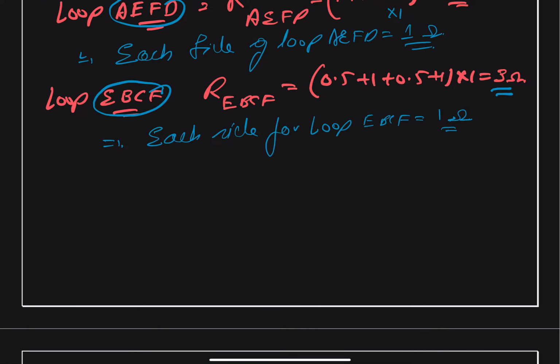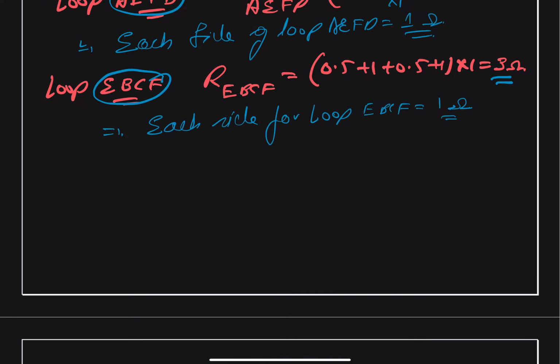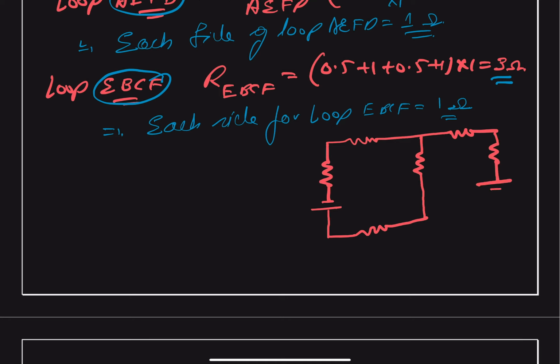Now we can write it as a resistor network. This is a resistor network.